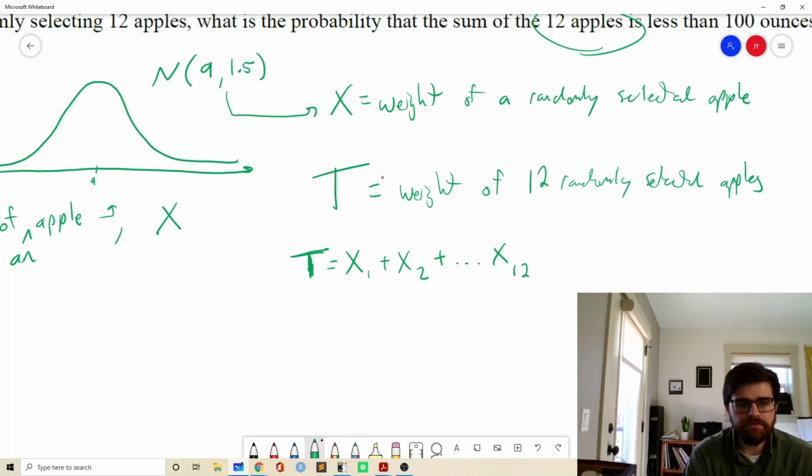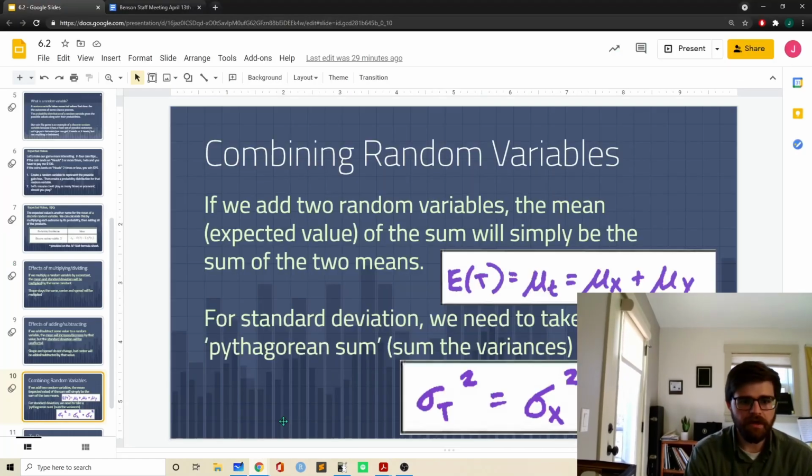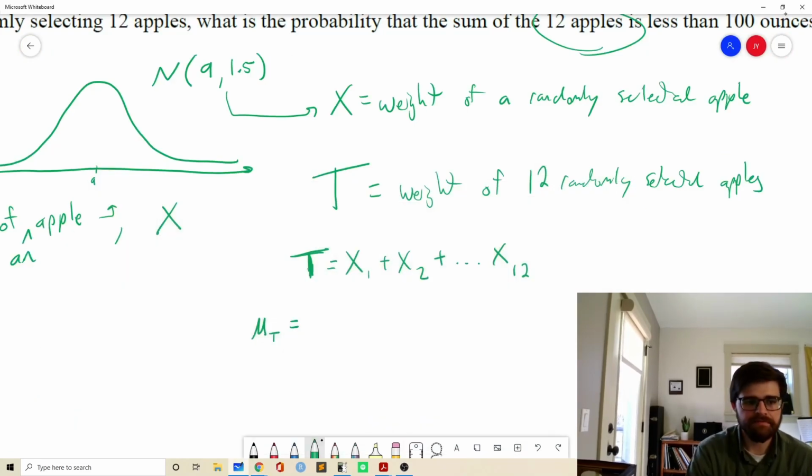Okay, so what if we wanted to find the mean of T? Well, we just saw that if I want to find the mean of a combination of random variables, I can just combine the means. So the mean of this can be the mean of X, the first one, plus the mean of X, the second one, plus and so on, the mean of X, the 12th one.